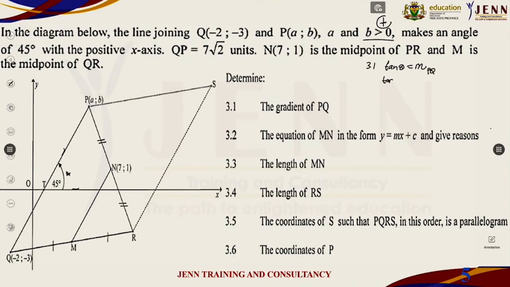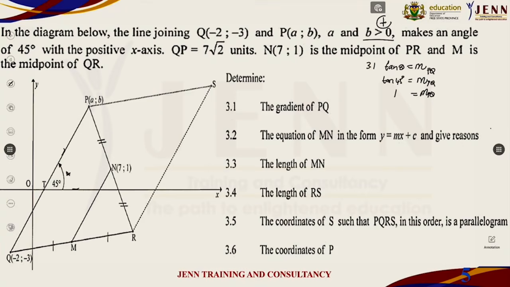That means tan 45 degrees equals the gradient of PQ. Tan 45 will give us 1, if I am not mistaken. Yes, tan 45 will give us 1. That will be the gradient of PQ.